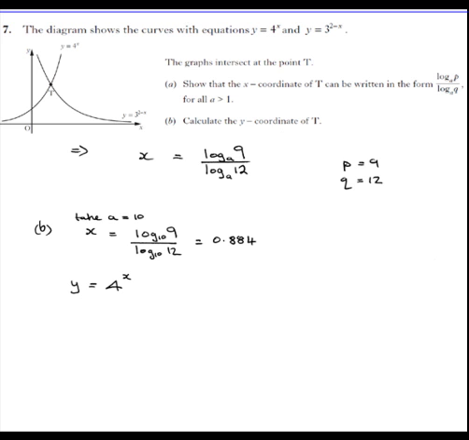So y is equal to 4 to the power 0.884, which is 3.41. So the coordinates of T are 0.884, 3.41. And the answer to B, the y coordinate of T, is 3.41.